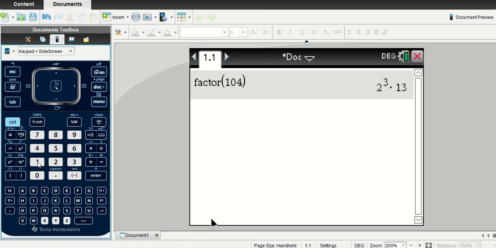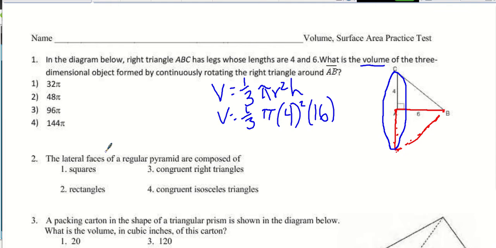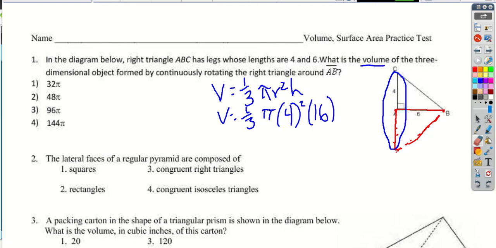So 1/3 times 4 squared times 6, and I get 32. Not 16, by the way. Get rid of that one there. So it's going to be 32 pi, and there's the first one.